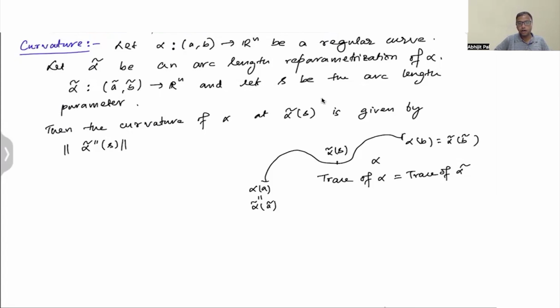So now we are going to find a formula for the curvature of a curve in R3. Okay, so before that, let me recall a few things which you have done earlier. So what is cross product or vector product?